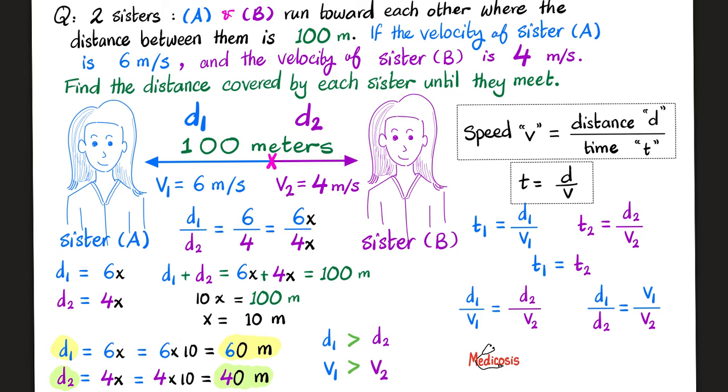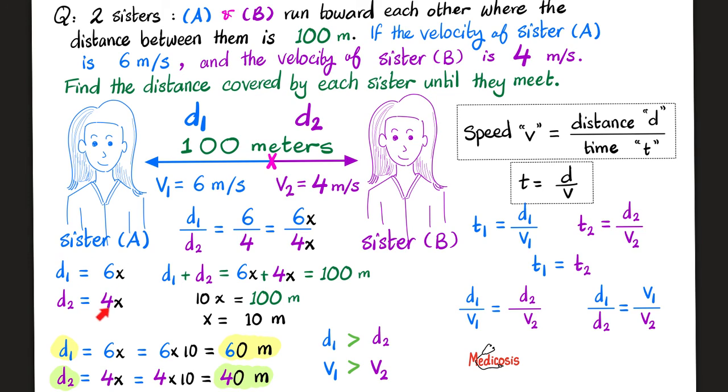You know that velocity is distance over time, which means the relationship between velocity and distance is direct. Which means if the ratio of V1 to V2 is 6 over 4, then the ratio between D1 and D2 has to be 6 over 4. So let's just call D1 6x and D2 4x, so that the ratio is 6 over 4.